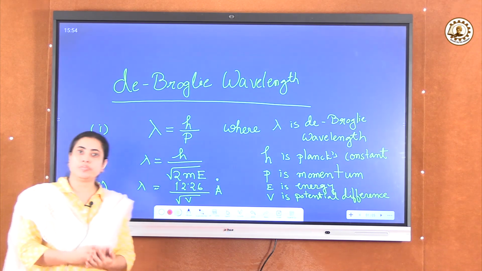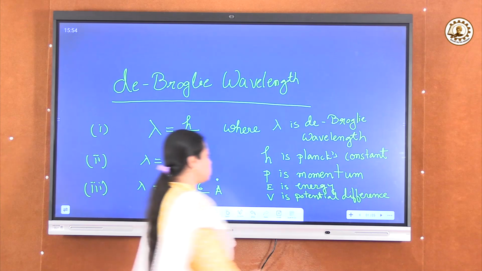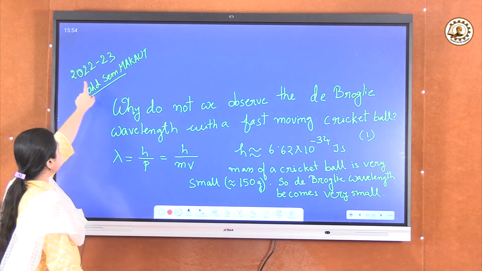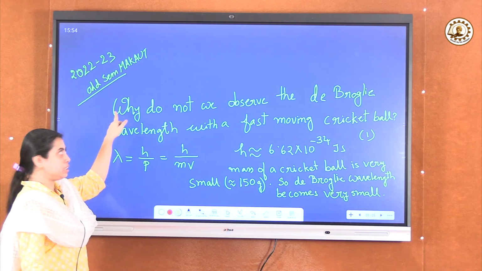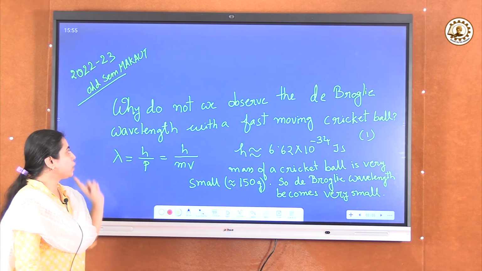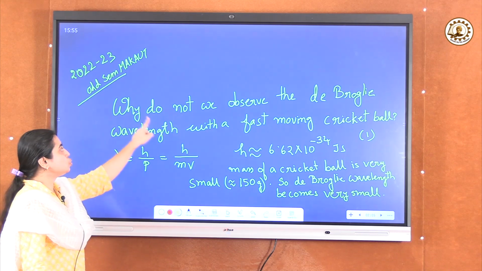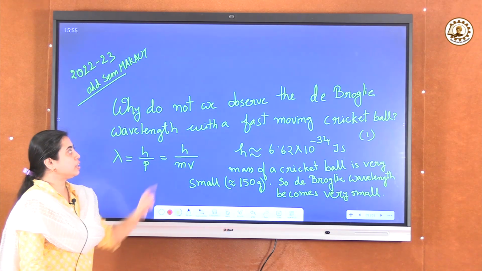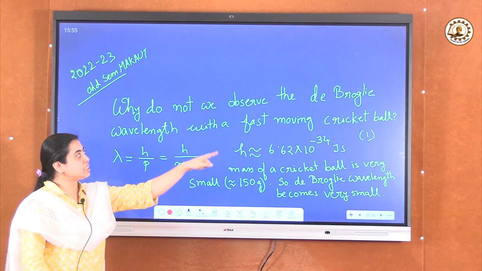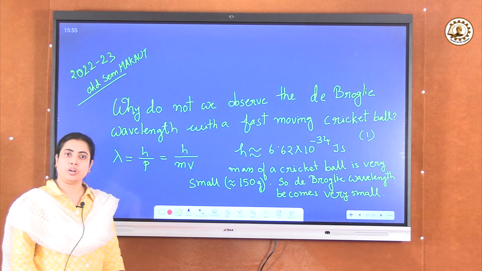Now next we will take one short question which has come in the year 2022-2023 semester of MAKAUT. The question is, why do we not observe the de Broglie wavelength with a fast moving cricket ball?